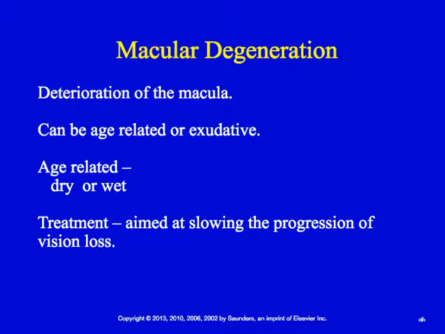There are some thought processes out there that if they increase dietary intake of antioxidants, vitamin B12, and some lutein, that appears to slow the progression of macular degeneration. So typically that's pretty much what they're going to be putting the patient on as of to date.